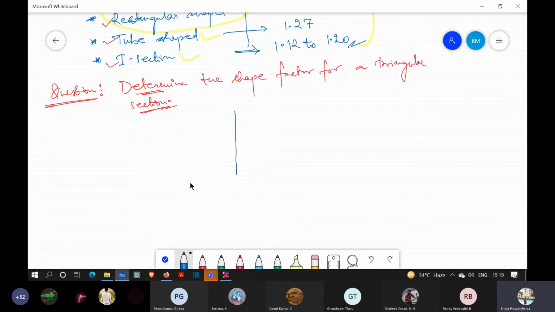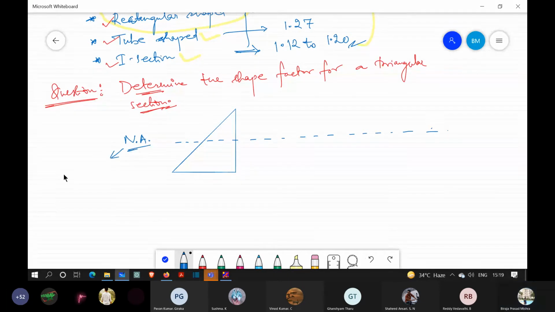This is one section. This is a right angle one. And through this line we have the neutral axis. I am showing it as NA.